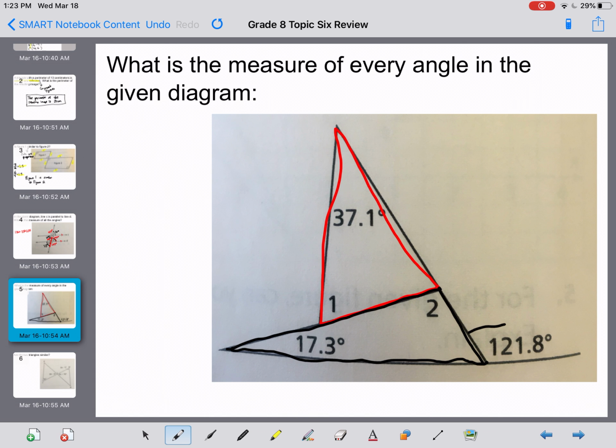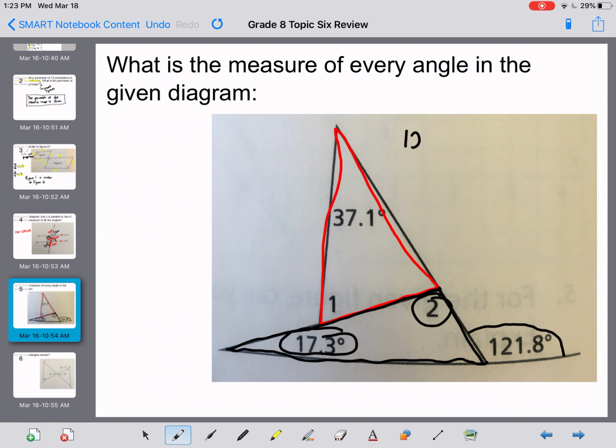I also notice I have this 121.8 degrees that is outside of the triangle. So this is an exterior angle of my triangle. I know that the exterior angle of a triangle is equal to the sum of the two interior angles that it does not touch. So this exterior angle does not touch this angle or this angle.